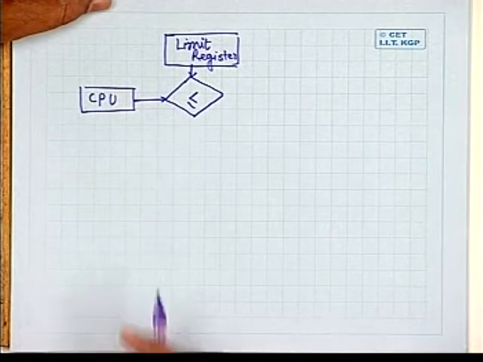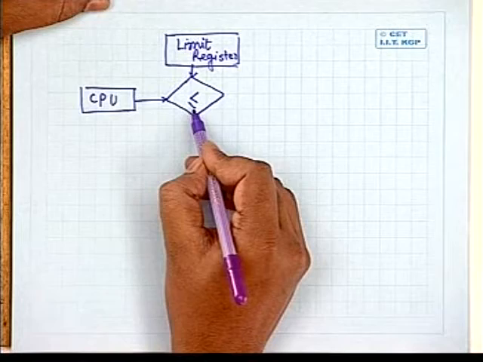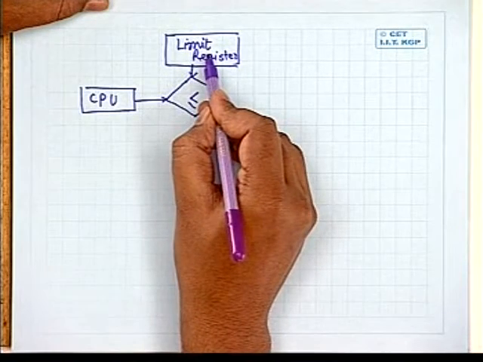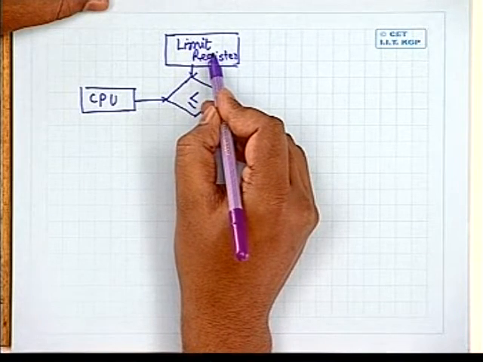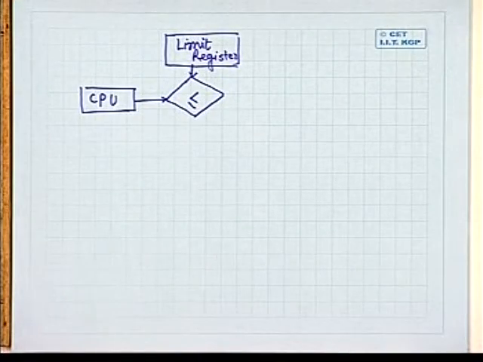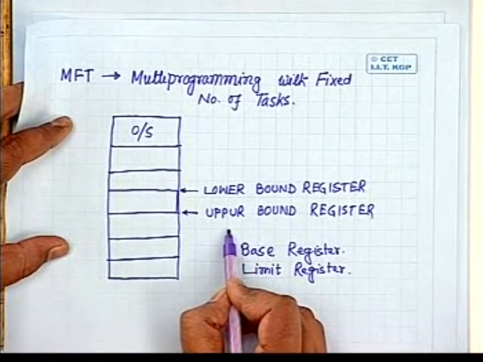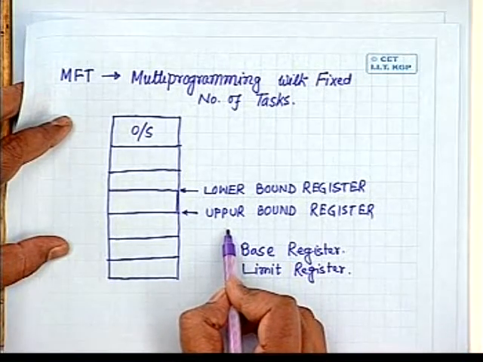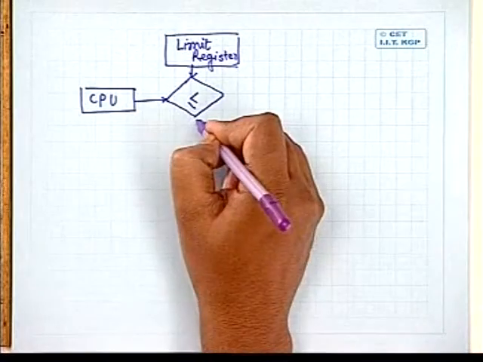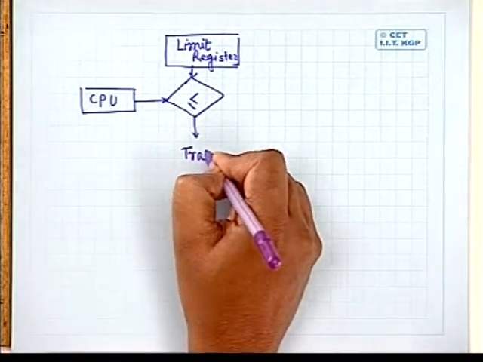If the address generated by the CPU is not less than or equal to the content of the limit register, then obviously it is trying to access an area the address of which is more than the content of the upper bound register. So in this case, there will be a trap and the process will be terminated.